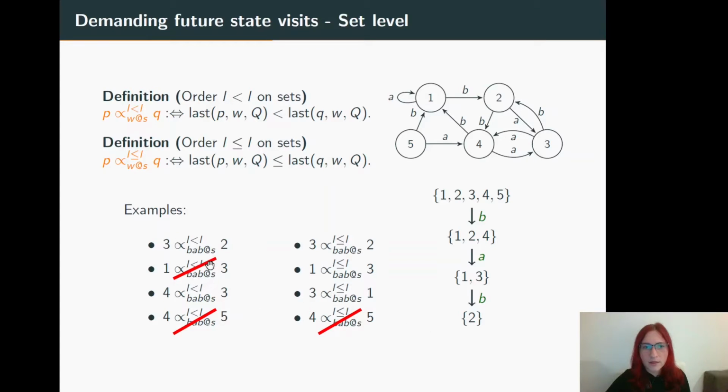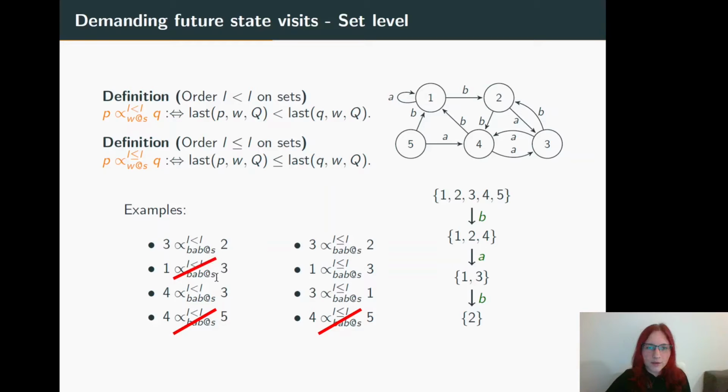On the other hand, if we consider the strictly smaller case, then we have that the state 1 is not related to the state 3, while in the other case, when we allow equality, then both variants are related. So 1 is related to 3 and 3 is related to 1, because these two states disappear simultaneously.